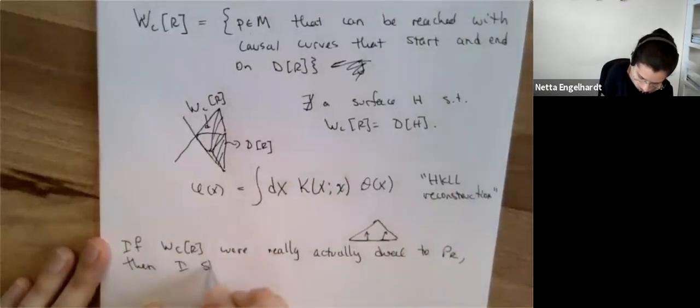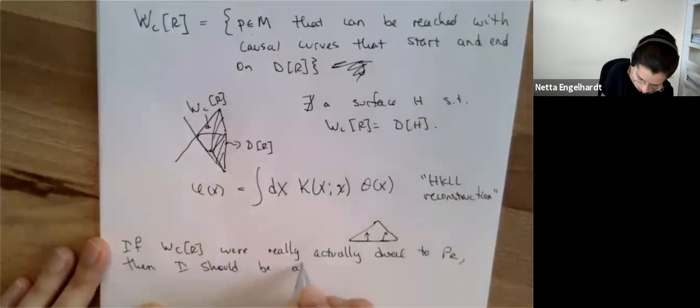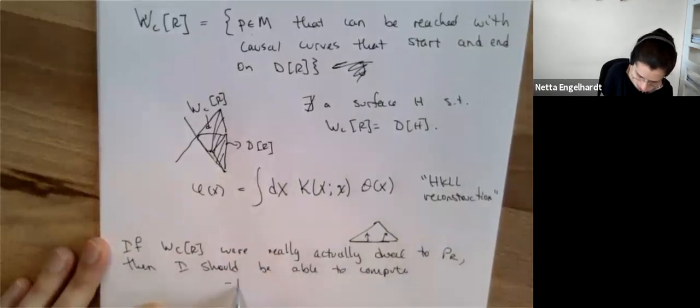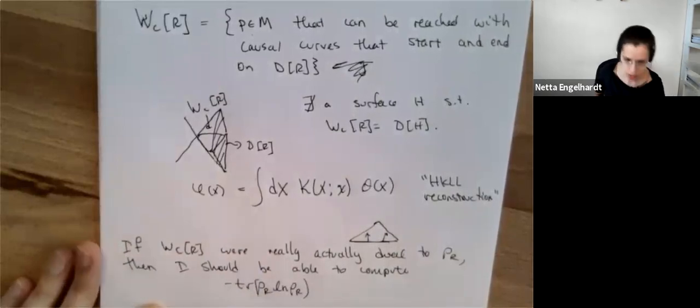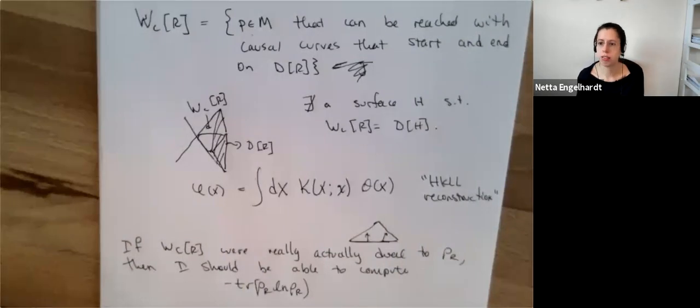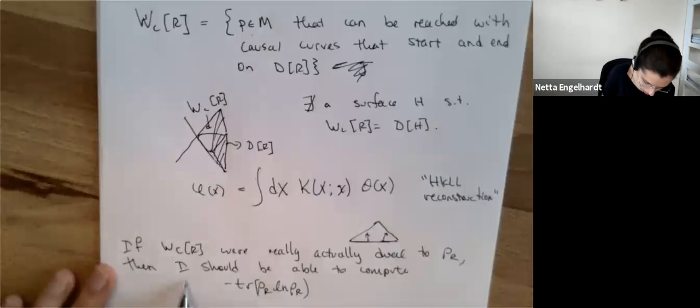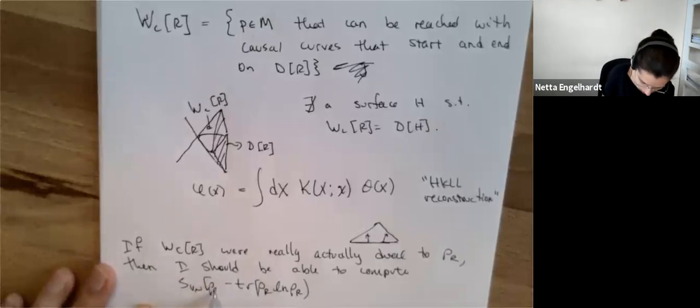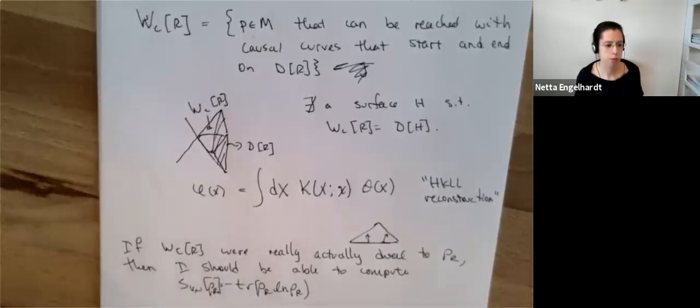I should be able to compute minus trace rho_R log rho_R from data that's just in the causal wedge. So this, as you all know, is the von Neumann entropy of rho_R.